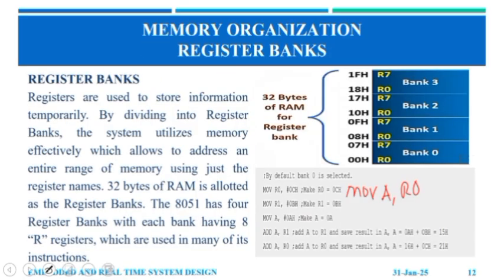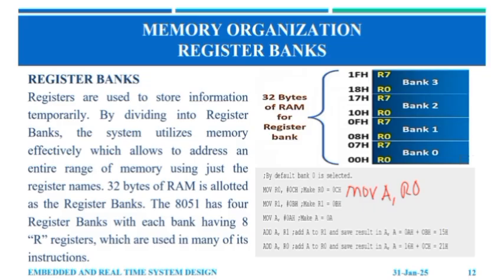So the register banks, of course, are used to store information temporarily and are divided into 4 different banks, which is bank 0, bank 1, bank 2, bank 3. Remember in your PSW, there are 2 bits, which are bit 3 and bit 4. So in our PSW, we have bits 3 and 4.